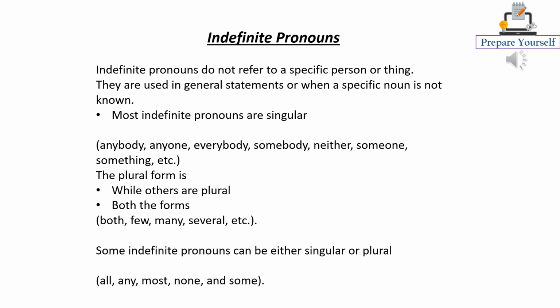These can be used as indefinite pronouns in both ways, that is, singular as well as plural. In the next slide, we will have a look at the examples of indefinite pronouns.